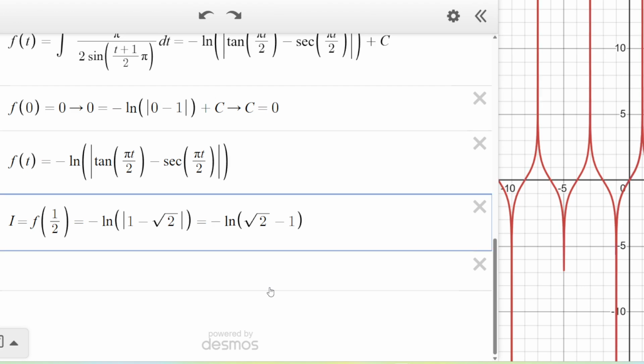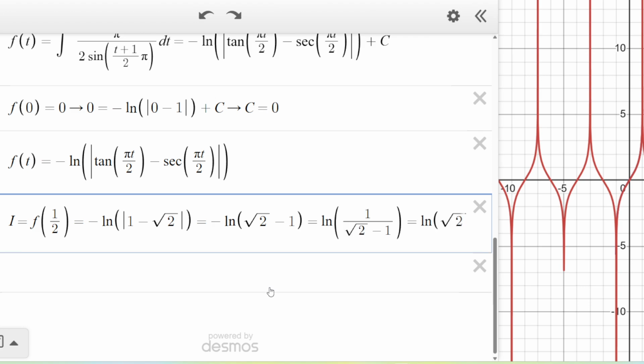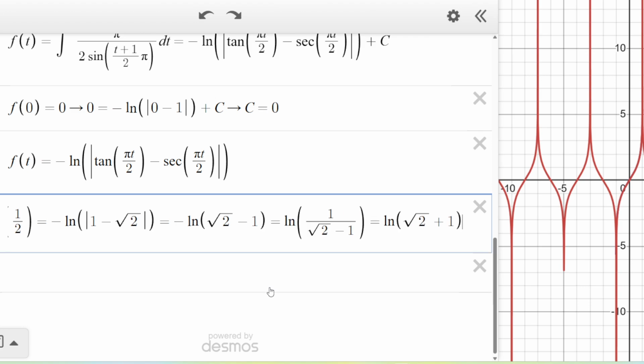We can go a little bit further with that. We can say that the absolute value of 1 minus square root of 2 is square root of 2 minus 1. And then we can use the properties of logarithms. You'll see right here, we have a negative natural log square root of 2 minus 1. We can write that as the natural log of 1 over square root of 2 minus 1.